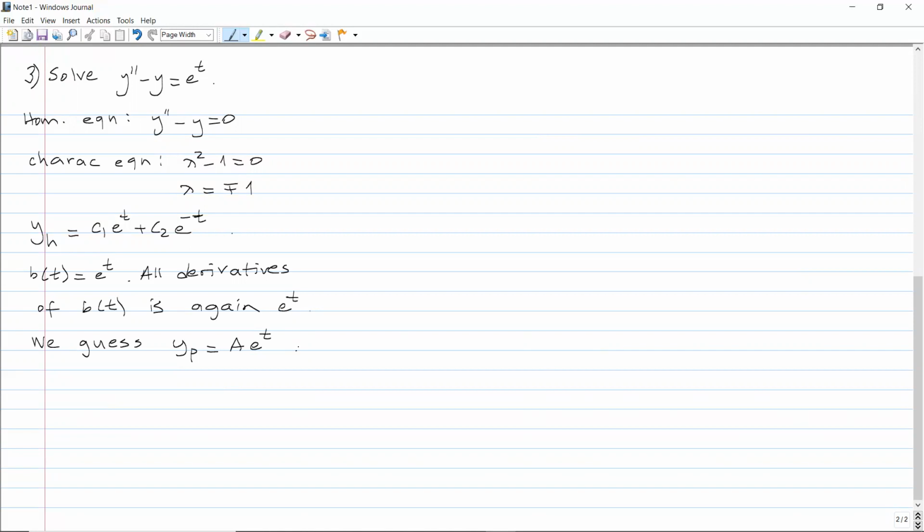But we have a problem here now, because e to the t is also a part of the general solution of the homogeneous equation. The function e to the t is a solution of the homogeneous equation.